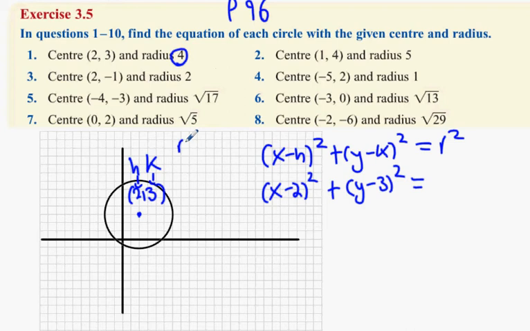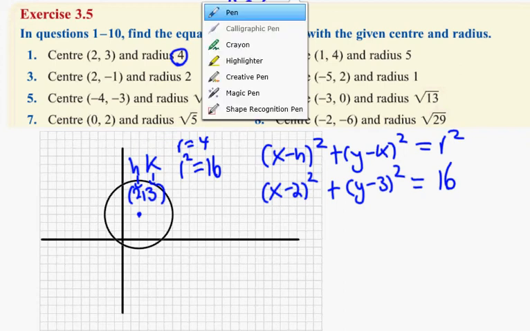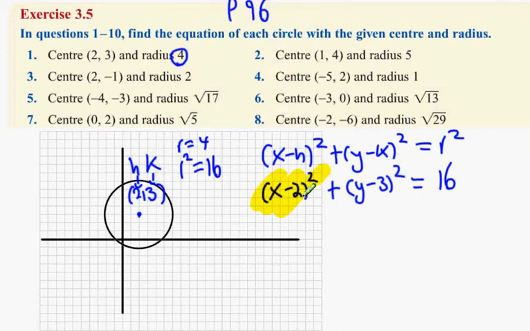So what's r squared? No, r squared. 16. The radius is 4. So therefore it's 16. That's your answer. So what's in here? Right here. That's your answer to the question. Everybody right with that? Okay.